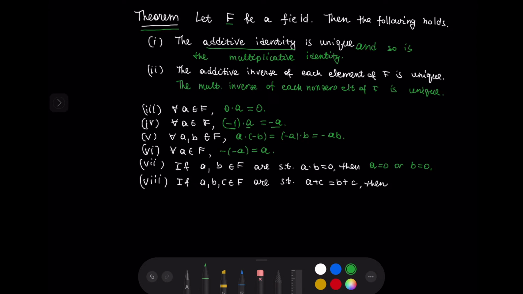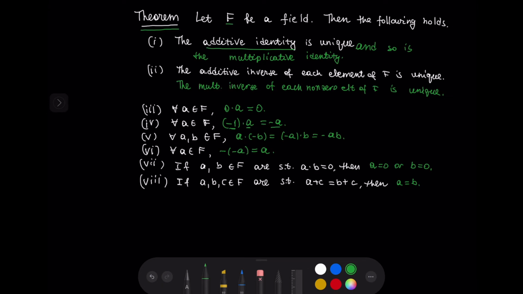And the last property in this theorem is that if we have three elements A, B, and C in F, and if they are such that A plus C is equal to B plus C, then A is equal to B. So we are not going to prove every single property in this theorem, but we will prove just a few so that we get a flavor of how to prove other properties of the field from the field axioms.